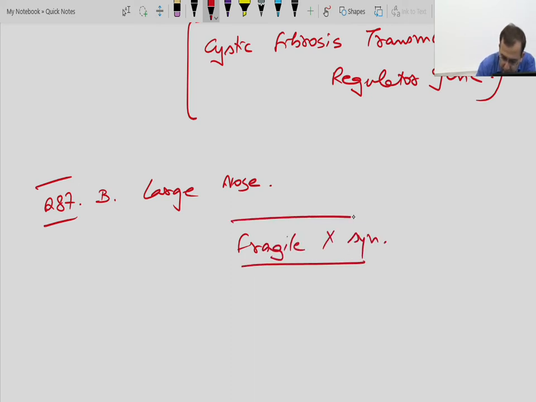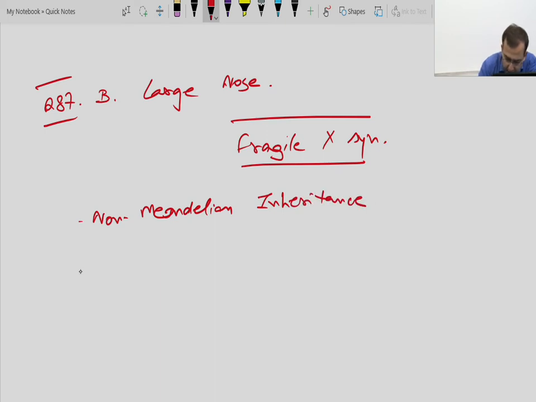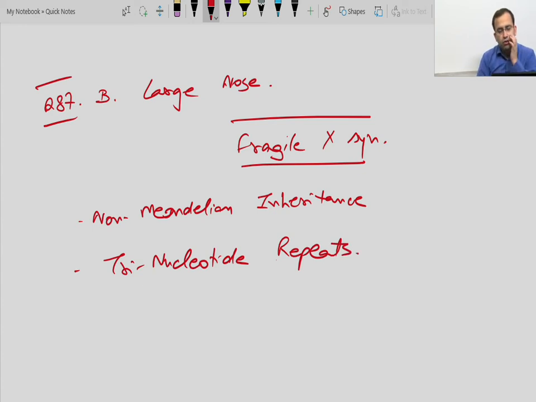It is a disease of non-Mendelian inheritance, which is inherited as trinucleotide repeats. What do we mean by this? 3 nucleotides are getting repeated multiple times. Trinucleotide repeats.